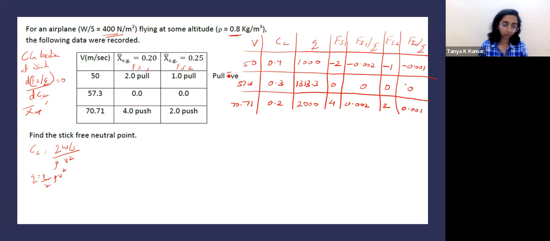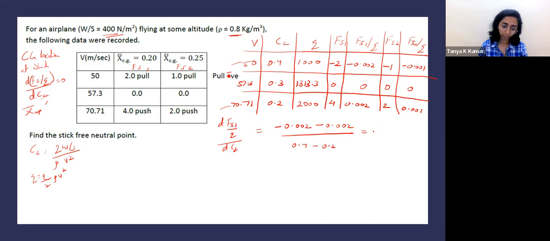Okay. So now what we do is we find out the slopes. So we take dFS1 by dCL. So take any 2 points. Let's take the first and last point. So what is the slope here? Minus 0.002 minus 0.002 by dCL. That is 0.4 minus 0.2.